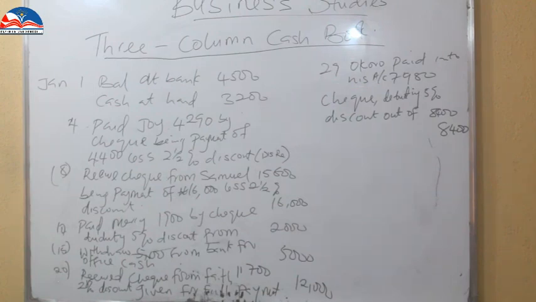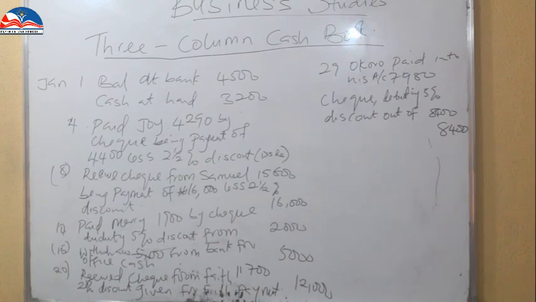Then on the 4th, he paid Joy 4,290 by check, and this is supposed to be a payment of 4,400. But there is less 2.5% of discount. This discount is going straight to your discount received.